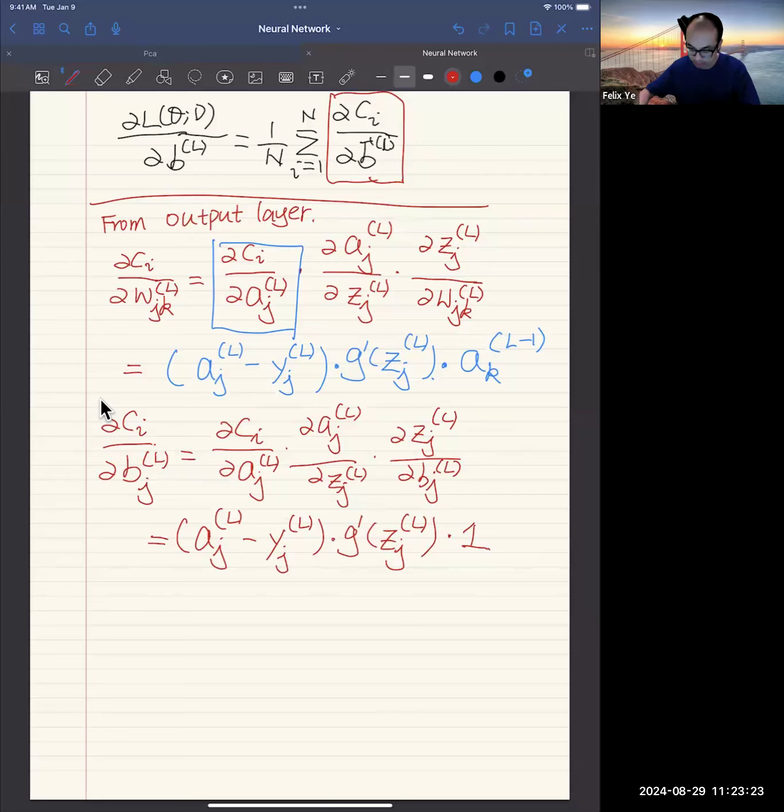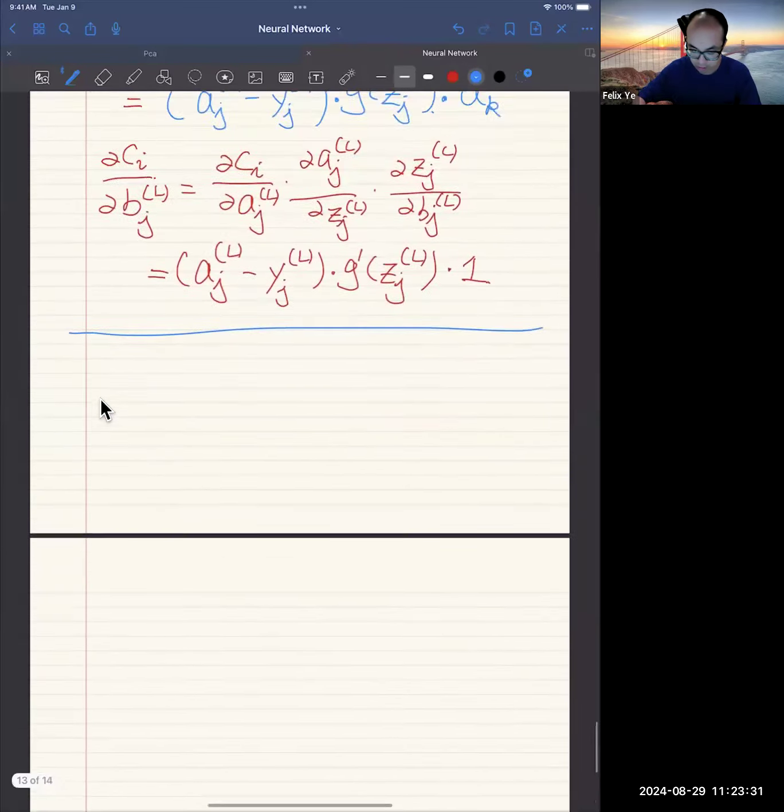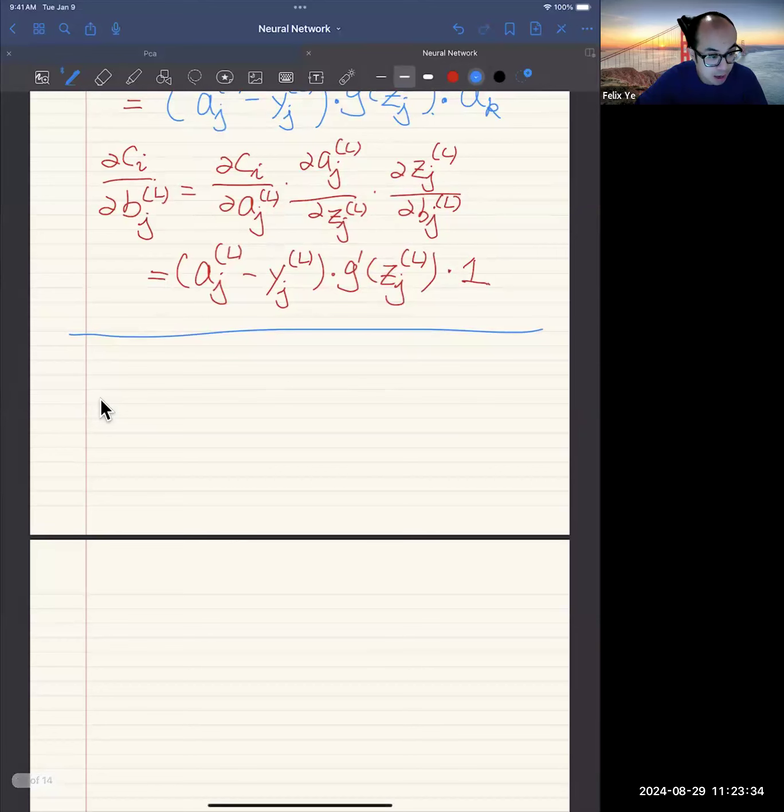I would suggest you go back and check this. It all comes from the fact that a_j^(L) is equal to g of z_j^(L).